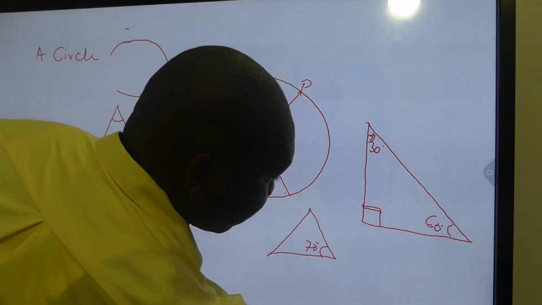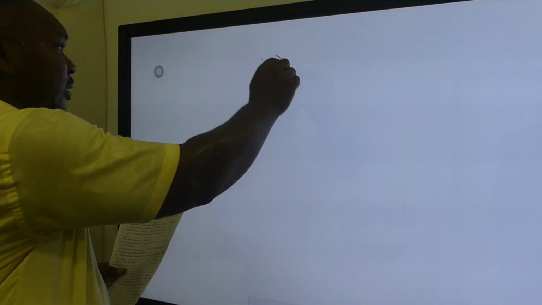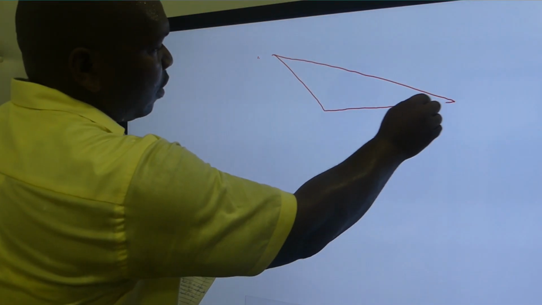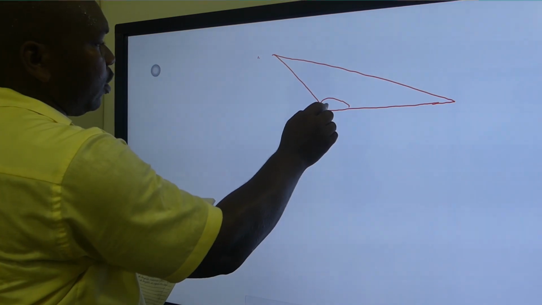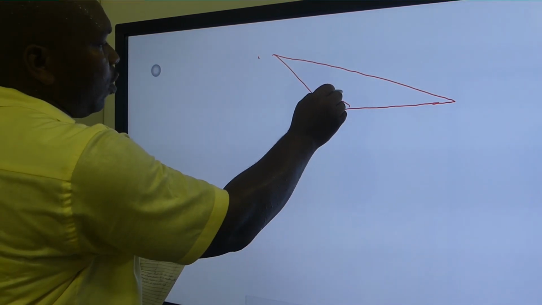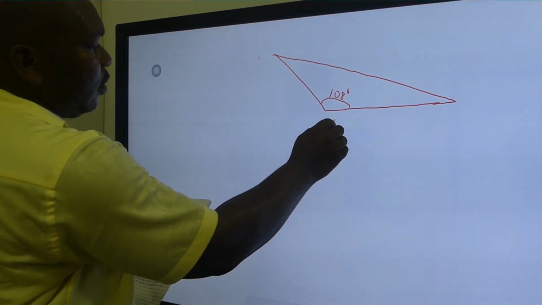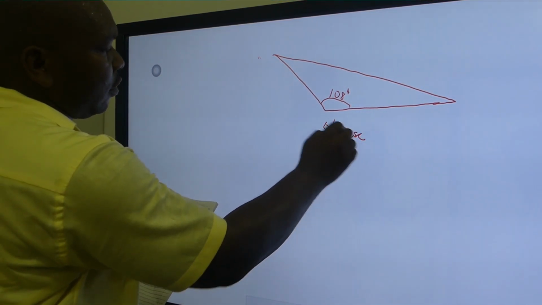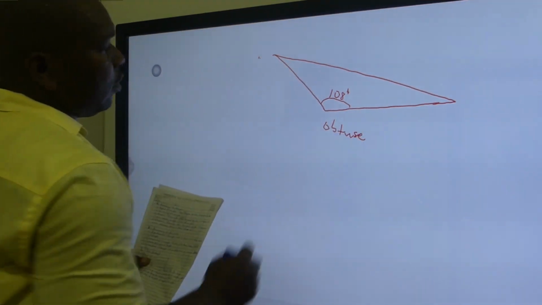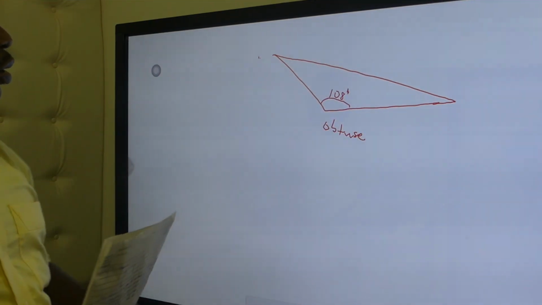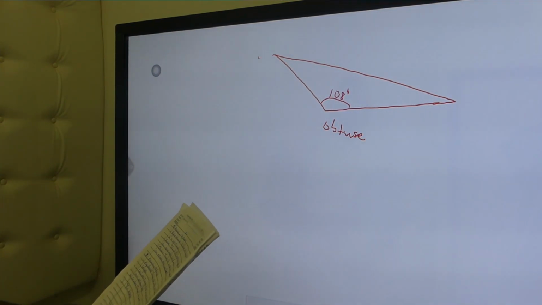Then an obtuse triangle, we can have something like this. As you can see, this is obtuse. Here can be 108 degrees, so it is greater than 90 degrees. This is an example of an obtuse triangle.